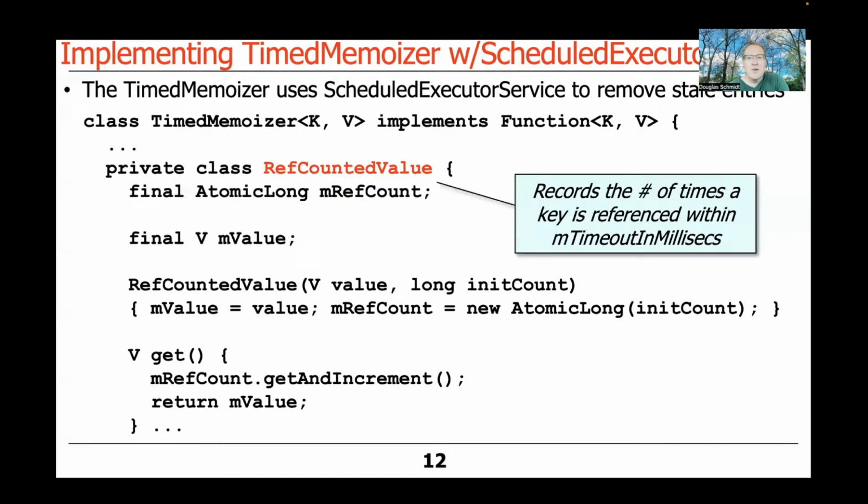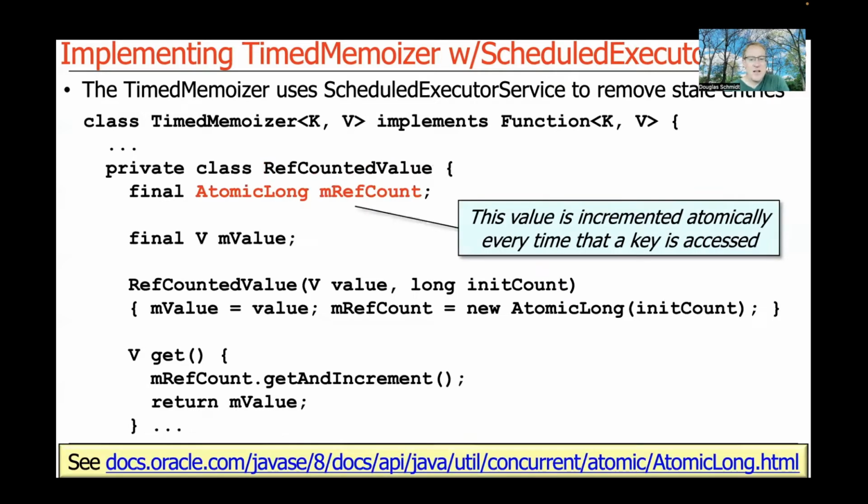Here is the RefCountedValue class. This is the class that's used to record the number of times a key is referenced within mTimeout milliseconds. You can see that this nested class has a couple of fields itself. It has an AtomicLong, which is the ref count, the reference count. And this is a value that's incremented atomically every time a key is accessed. So every time someone accesses a key value pair, that will be incremented by 1.